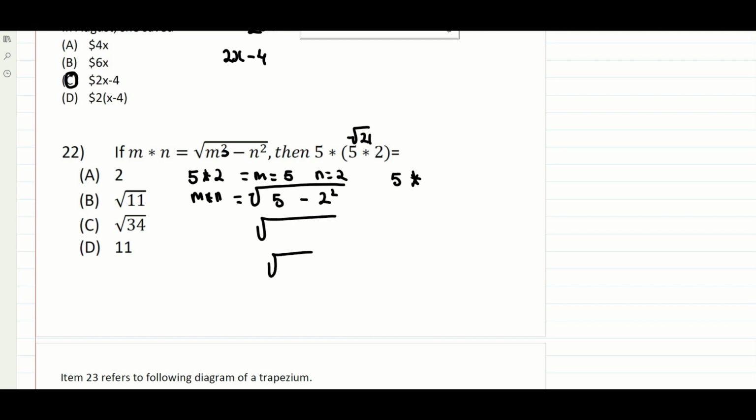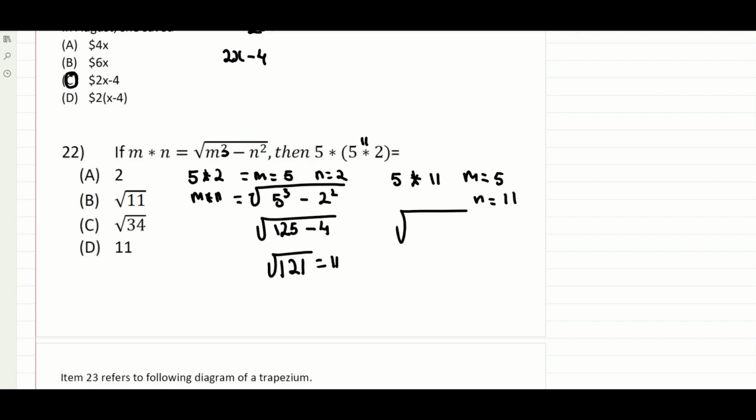So this would have been 5 cubed minus 2 squared, which is 125, because 5 cubed is 5 by 5 is 25, 25 by 5 is 125. That is 125 minus 4, which would be 121. Square root of 121 is 11. So now, please note that this here would be 11. So it's 5 asterisk 11. We know the first one, m, is 5, and the second value in that binary operation is n, which is 11.